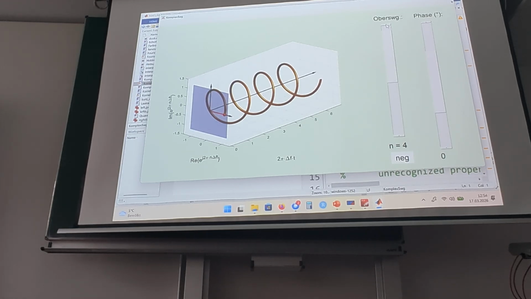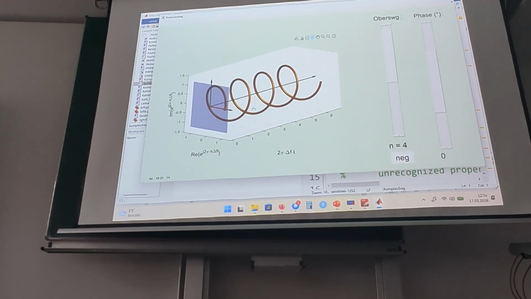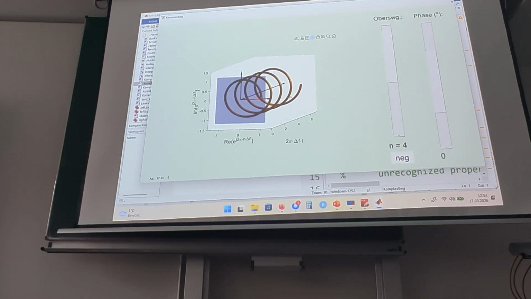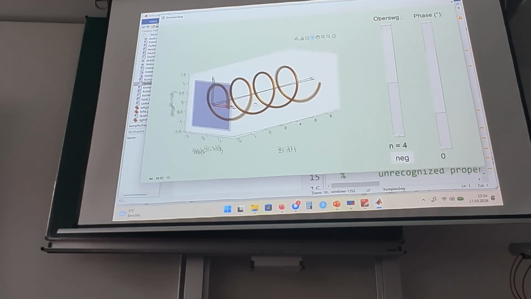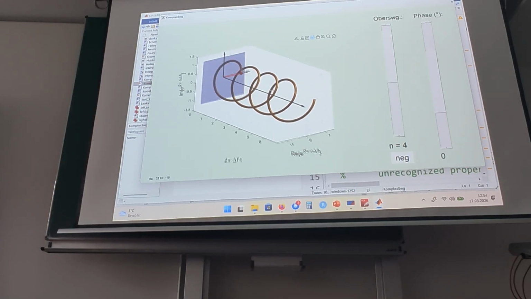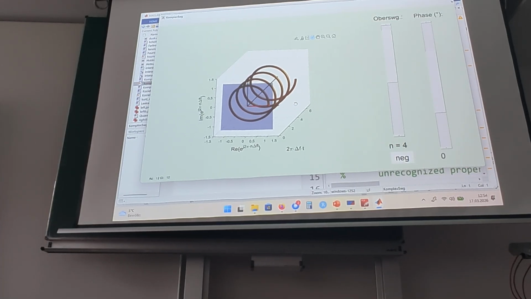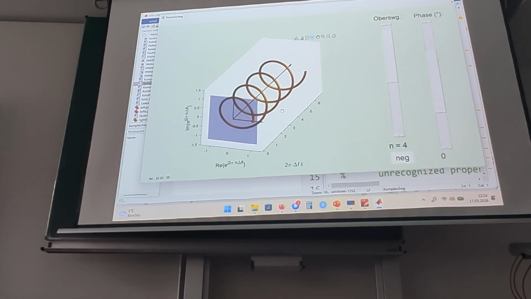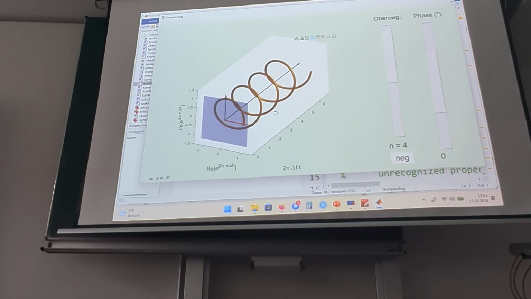For lower frequencies, there are fewer windings. Then we can take a look in any direction at how this looks. Nice features, no? That's what we can do with MATLAB. We will not cover everything, but it's really fascinating. We can do the graphics here.